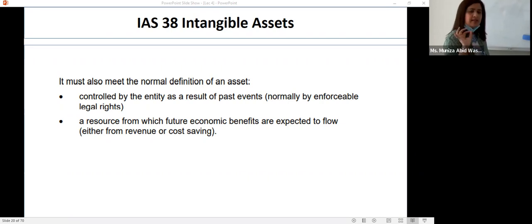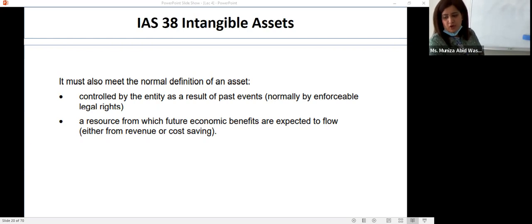The thing is that an asset is anything which is controlled by the entity, either purchased or not, either in the ownership of the company or not. Even, for example, if we are having a long-term lease, that leased asset is also our asset, is it? So it is not necessary for an asset to be owned by an entity. If it is just controlled by an entity, it is going to be considered as our asset.